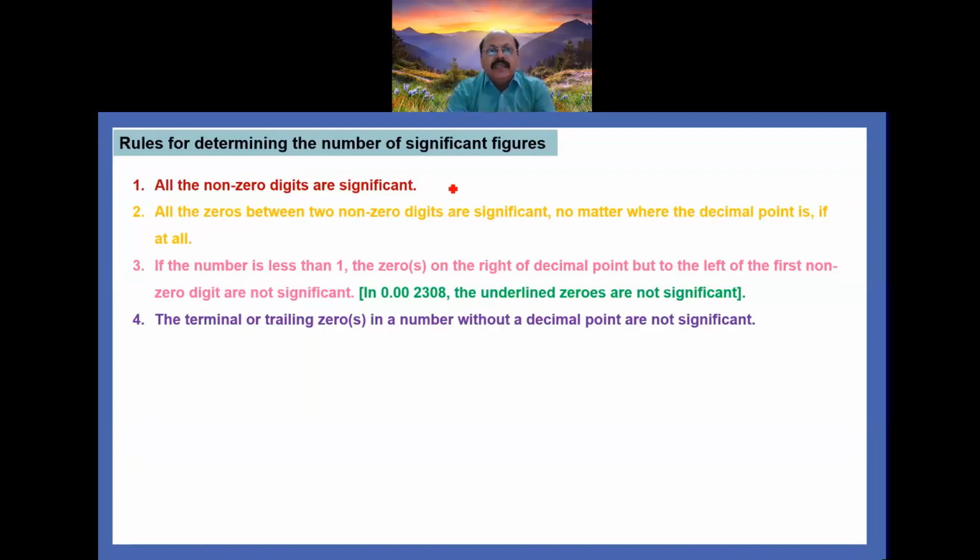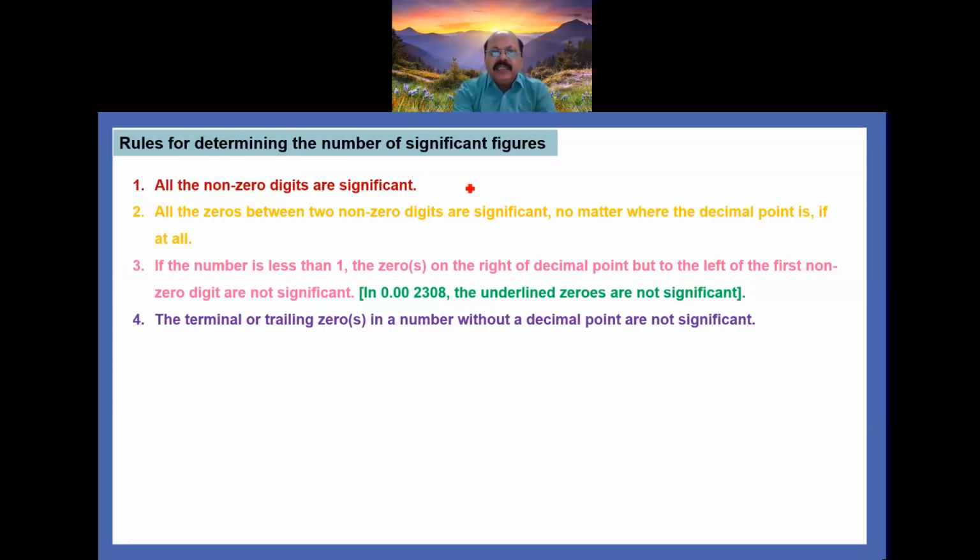Now the third rule is, if a number is less than 1, the zeros on the right of the decimal point but to the left of the first non-zero digit are not significant. So we take one example. If a number is less than 1, then zeros on the right of the decimal point and left of the first non-zero digit are not significant.